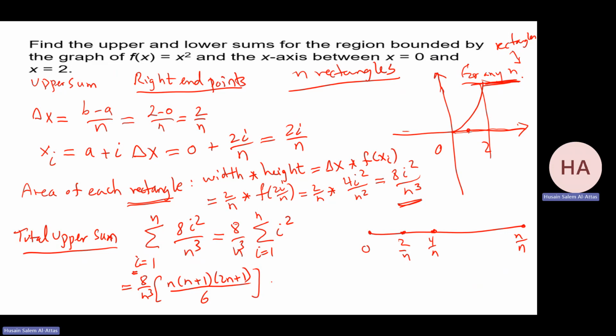That will be what? This one is n squared plus n. I have 4 over 3 n cubed times what? This is equal.